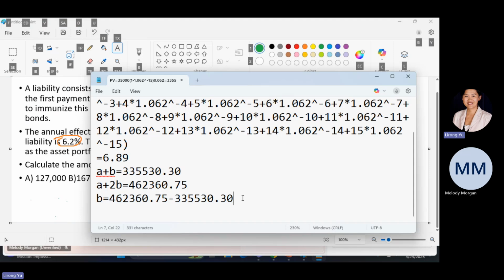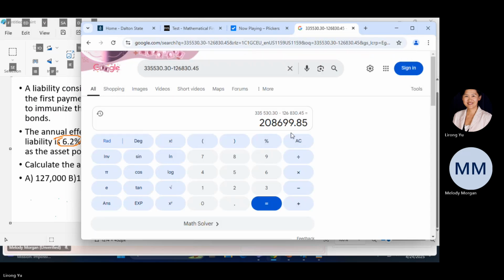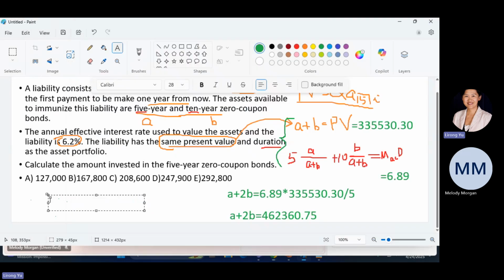Find that one, our B. So A would equal, we know that A plus B is this number, and you subtract the B value to give you A. And let's finish this. That will be what we're trying to find out, the A, right?